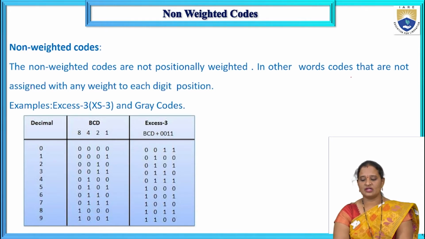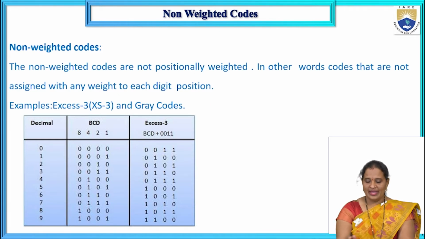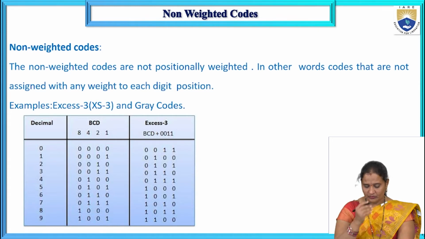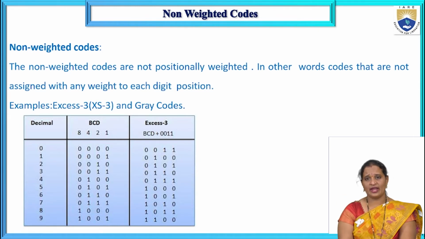In other words, codes that are not assigned any weight to each digit position are said to be non-weighted codes. The examples of non-weighted codes are the XS3 code and the gray code. So these are the non-weighted codes where we don't have any positional weights.